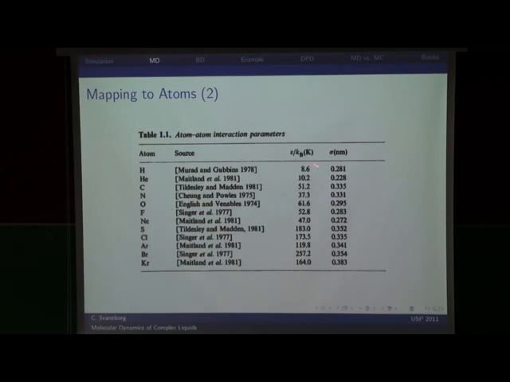But, for instance, if you take krypton or argon, you can look up the table: what is the characteristic energy of the Lennard-Jones potential, what is the distance of the Lennard-Jones potential, if we want to represent the interactions of this atom with a Lennard-Jones potential.